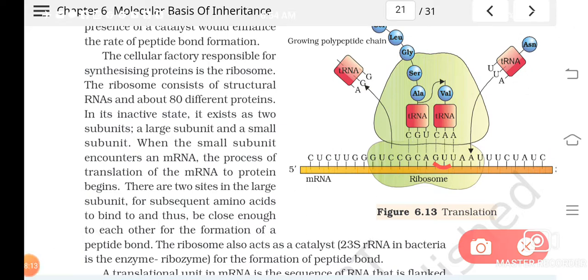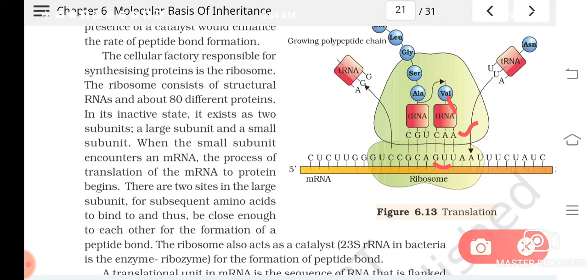You can see here, GUU is the codon, so the tRNA with CAA will be joining here, and that particular tRNA will carry valine. Understood? So like this, during elongation, the tRNA with amino acids will come and join to the mRNA's codon by codon-anticodon complementarity.